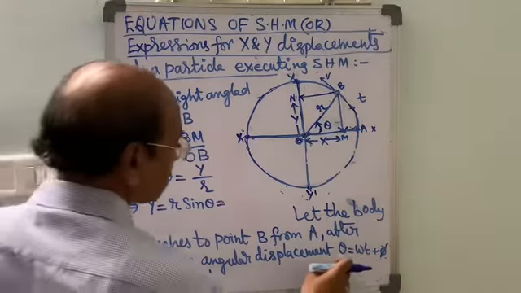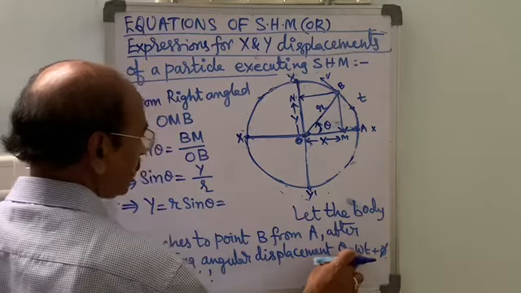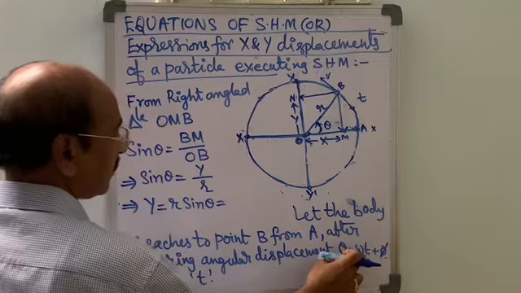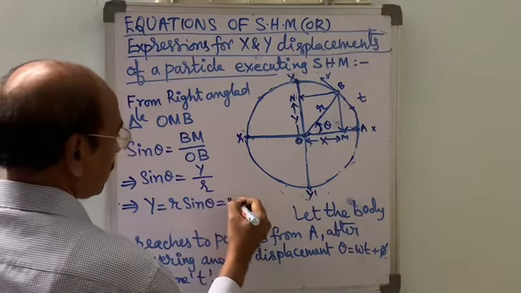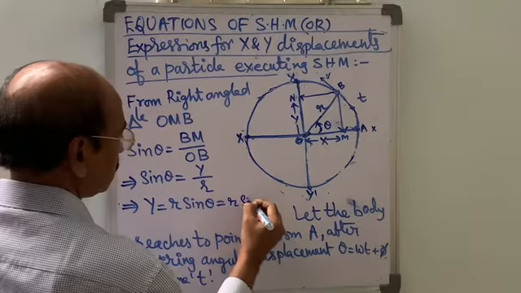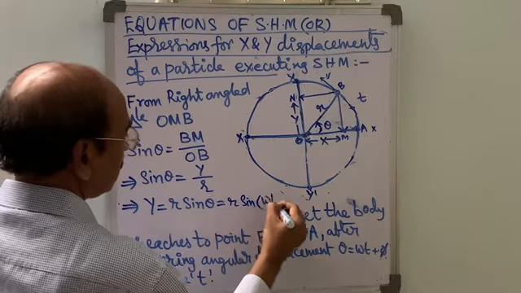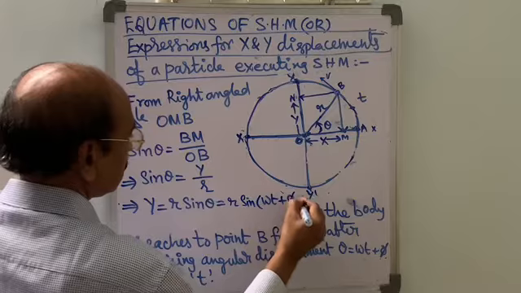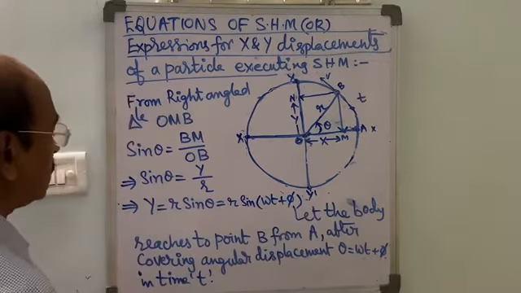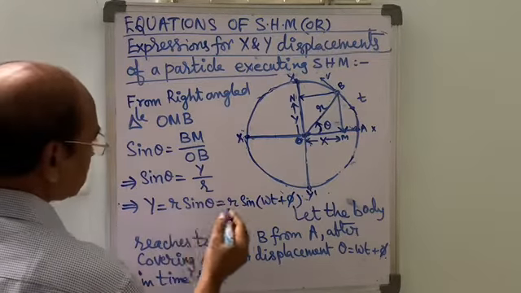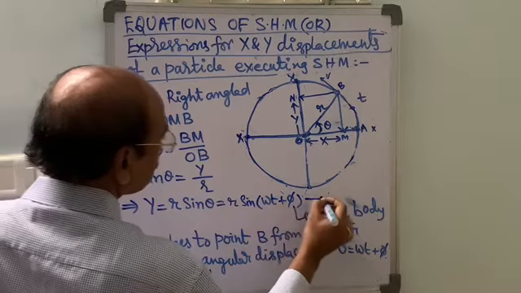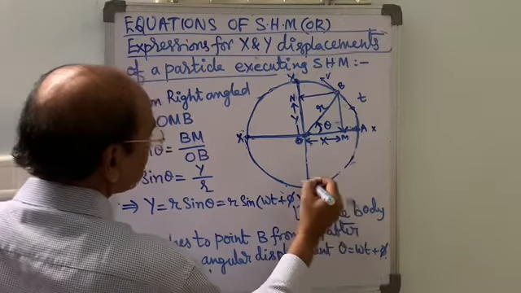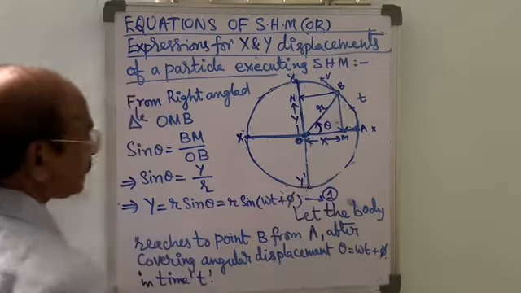The angular displacement covered in unit time is called angular velocity, that is, angular displacement by time. Therefore, y is equal to r sin(omega t plus phi). This is the expression for y displacement. Let this be equation 1.